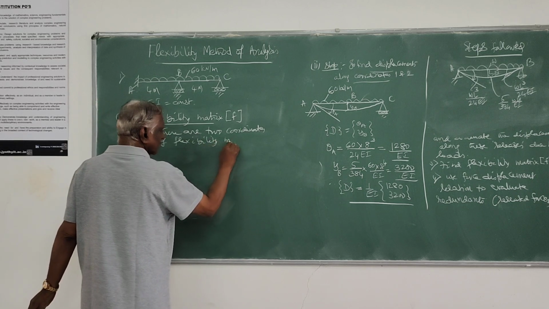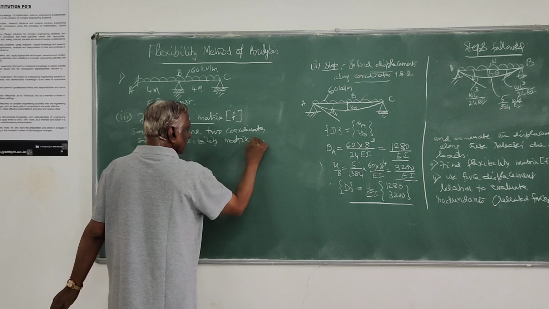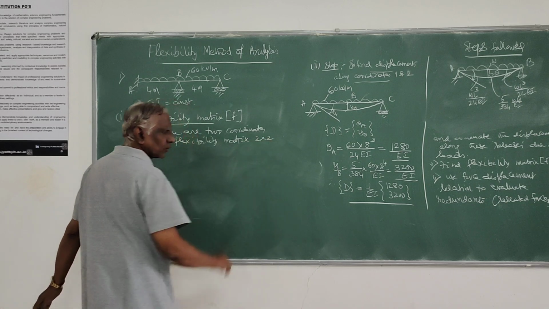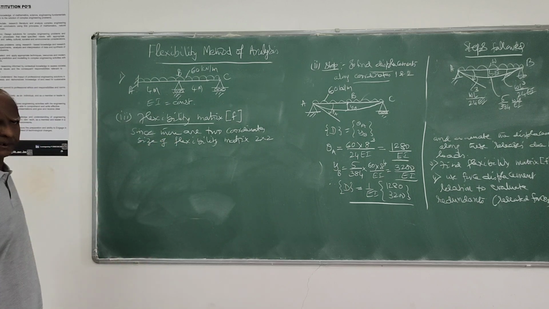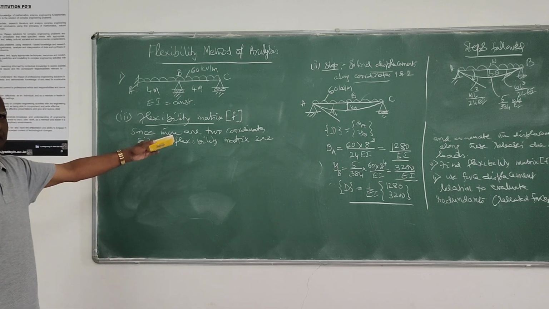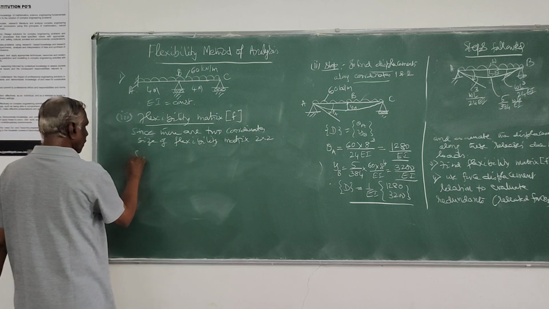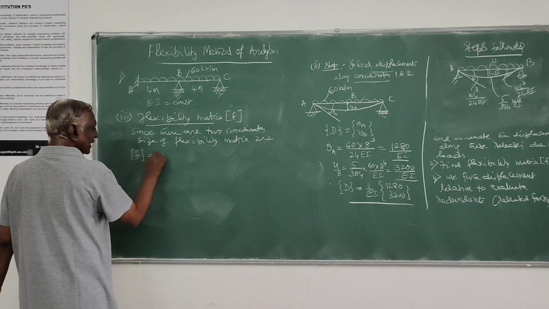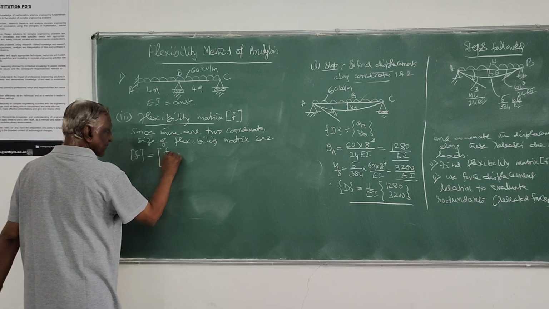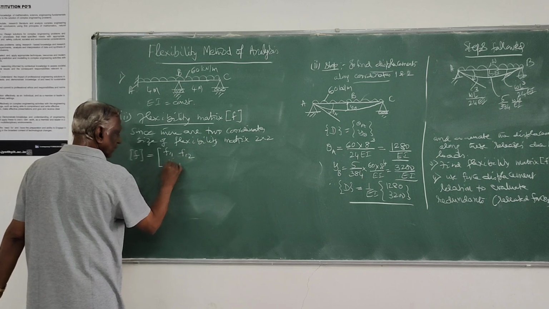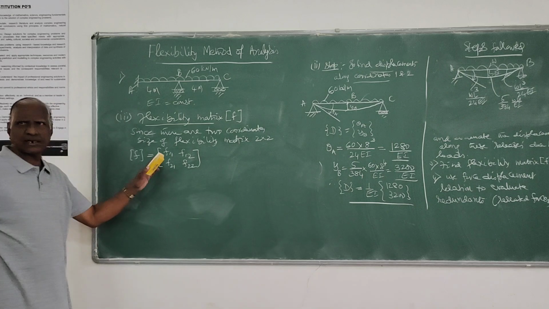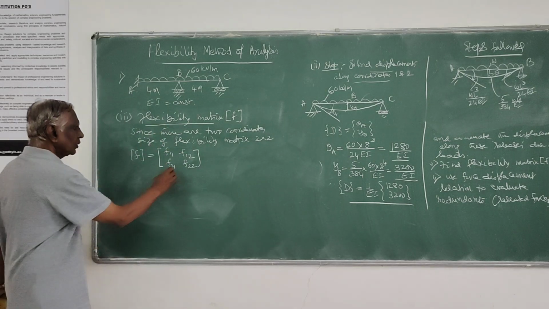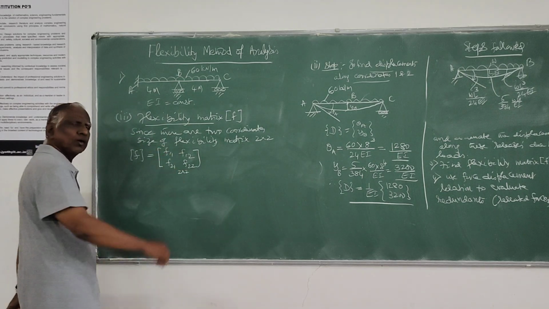This is same as your stiffness method of analysis, 2 by 2, depending upon degree of static indeterminacy. There, depending upon kinematic indeterminacy, you are fixing the size. Therefore, the 2 by 2 matrix in general I can represent as F11, F12, F21, F22. It consists of 2 rows and 2 columns.